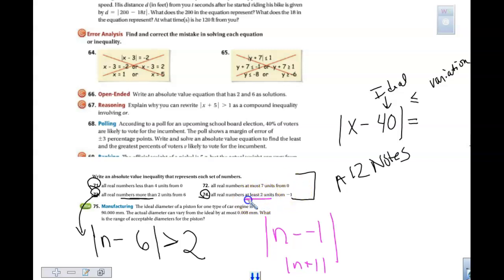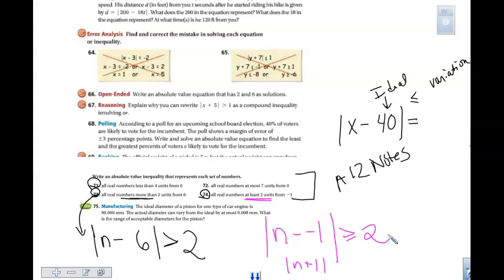More than at least 2. What does at least mean? Are we going less or greater or equal? Less or equal, greater or equal. It says at least. You have to be at least 18 to vote. Think of that one. That's like one that's easy, right? So it's going to be greater or equal to 2. So it's very similar. These two are very similar as you're looking at it.